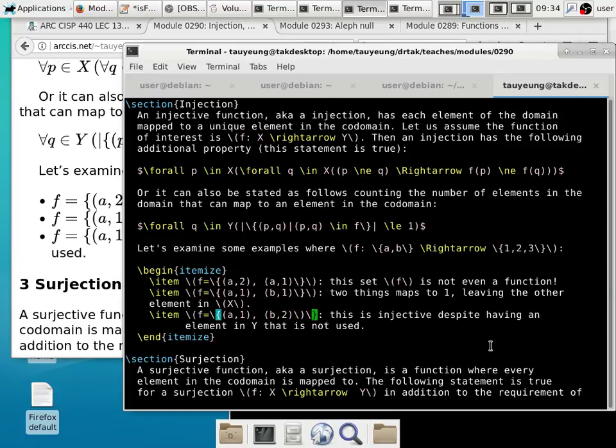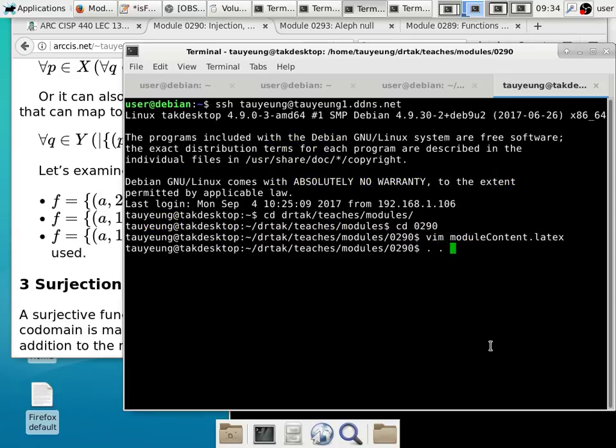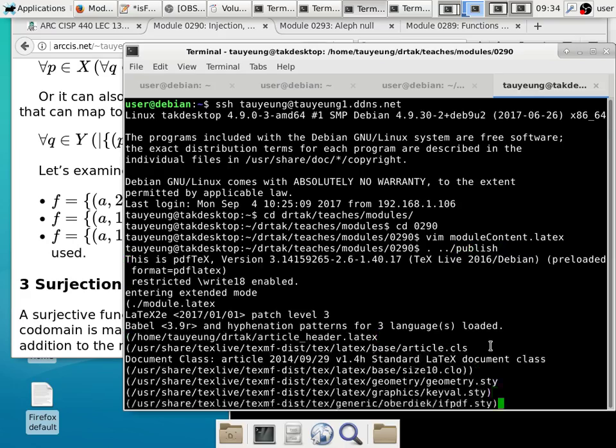Your single arrow. That's just an uppercase versus lowercase. Uppercase is double and lowercase is single. So it's a little bit easy to make a mistake.